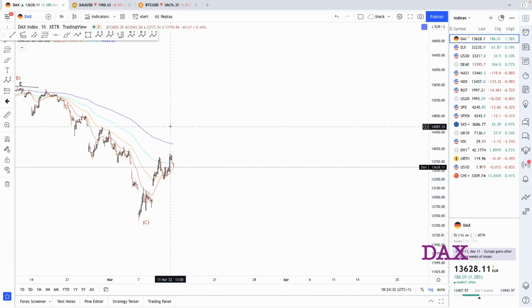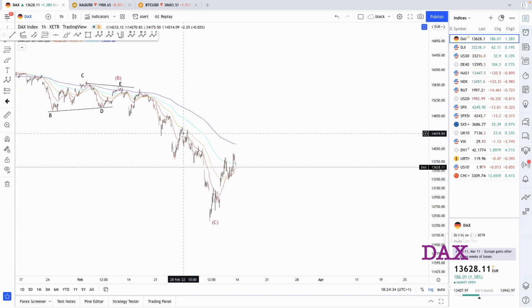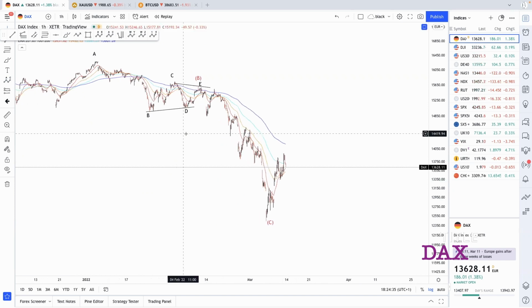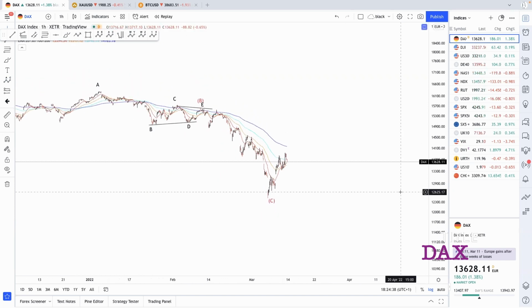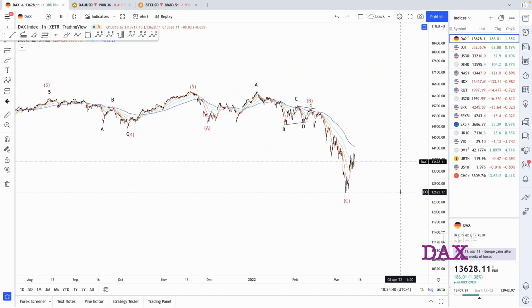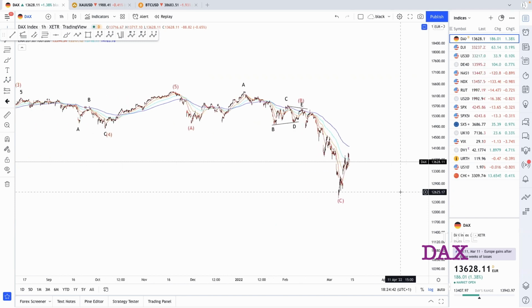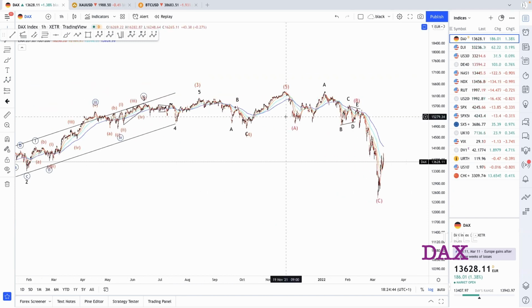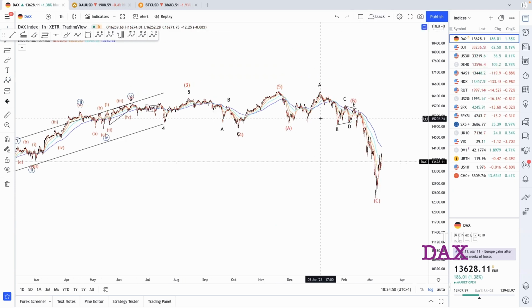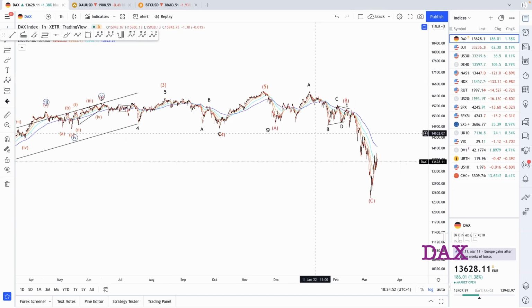It's also possible. I guess we're going to find out next week. I feel like we're living week by week, but we've seen some big volatility, and it's not an easy market to trade, in my opinion.